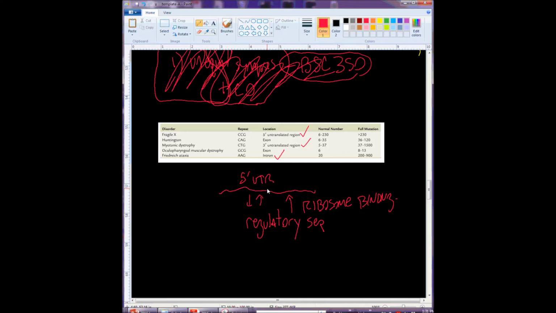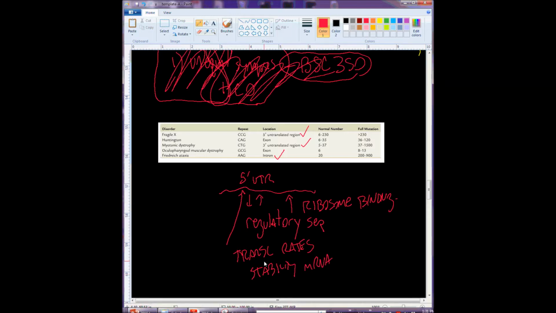So regulatory sequences in the UTR. We also have other sequences, which we're about to see starting this week. We're going to take a look at some of the other regulatory sequences in these messenger RNAs that are important for the timing, translation rates, and stability of the messenger RNA.